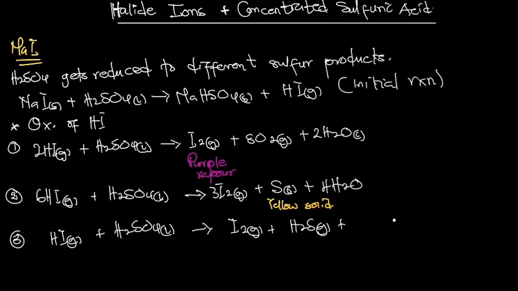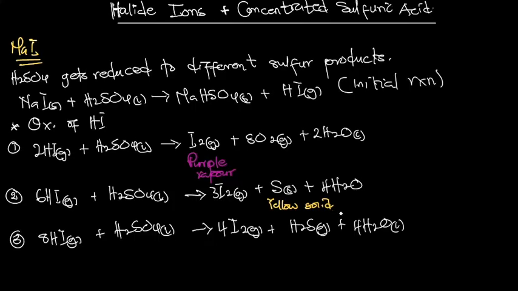Then we'll have water. To balance this, I'm going to put 4 here. And then over here, I'm going to have 4 moles of iodine. And here, I'm going to put 8 to make it balanced.